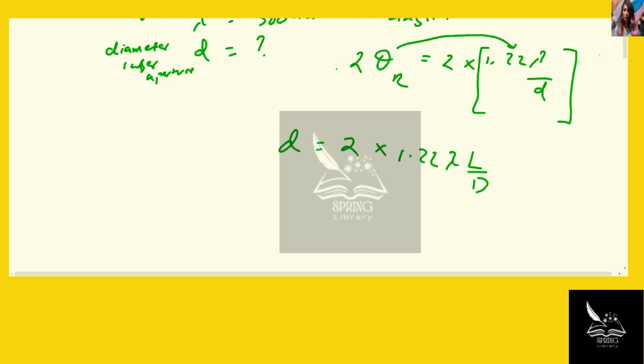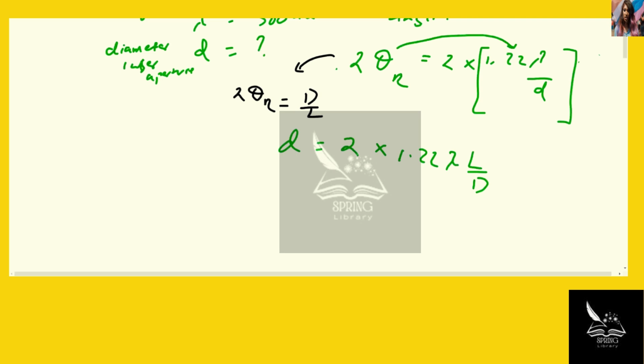The reason for that: 2 theta r is also the same as D over L. So they're equivalent. 2 theta r is D over L.